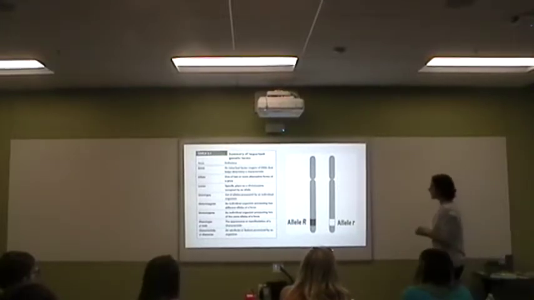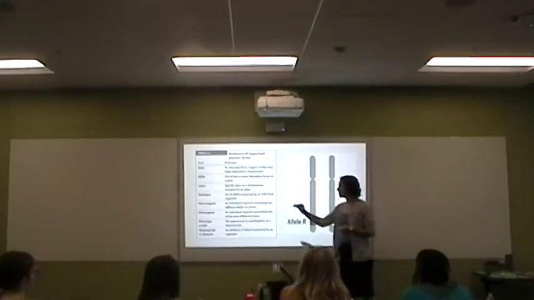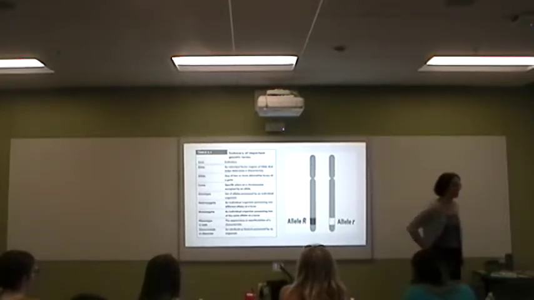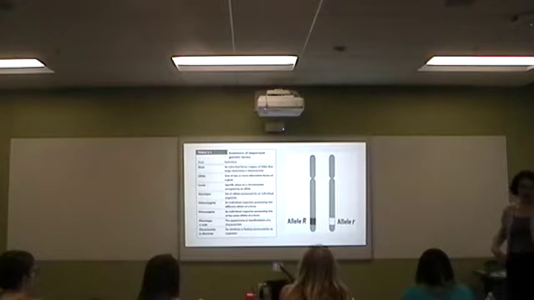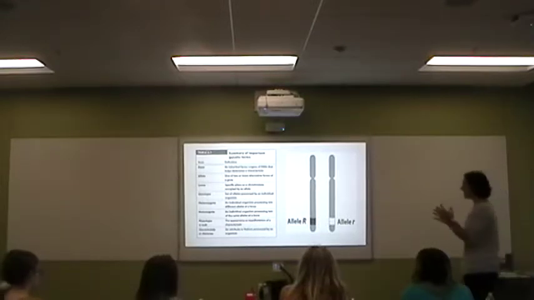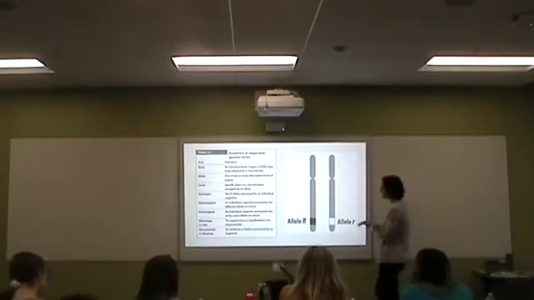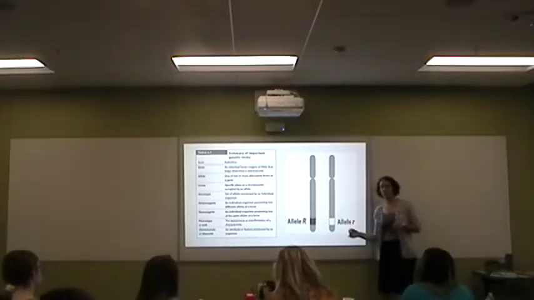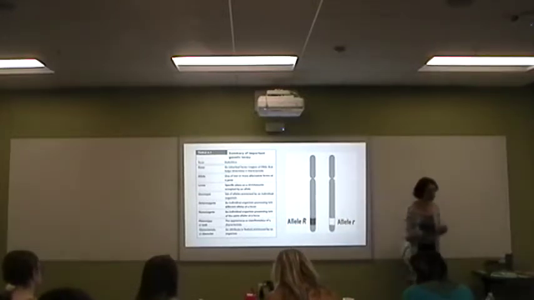Heterozygotes are any individuals that have two different alleles. Anytime you see hetero, it means sort of opposites or different. A homozygote would be any individual that has two copies of the same allele, so either big R or little r.